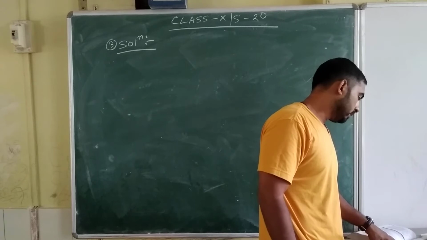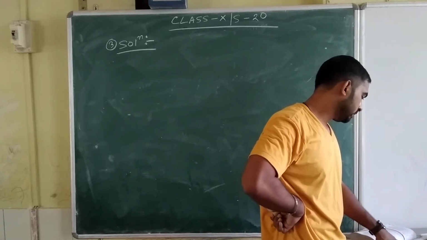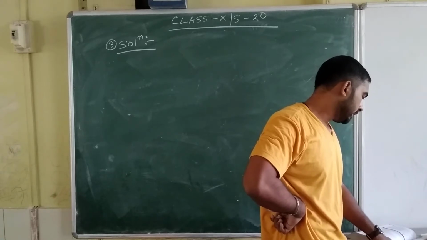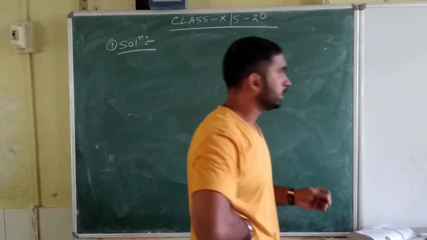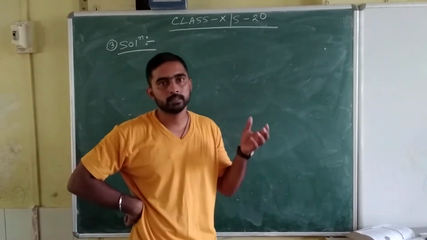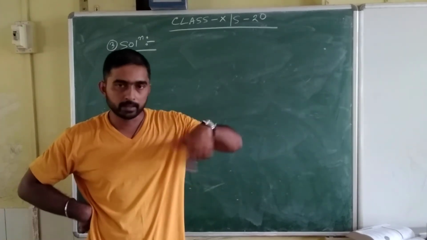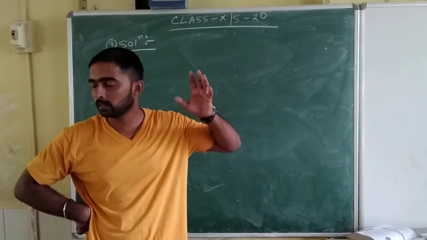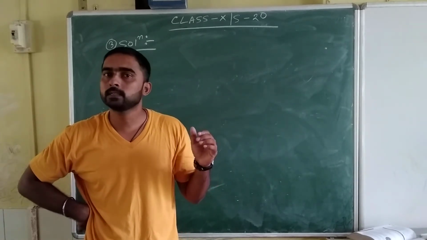Next question. The length of the minute hand of a clock is 14 centimeter. Find the area swept by the minute hand in 5 minutes. Now in a watch, circular shape, there are 60 minutes, and as the shape of the watch is circular, the total angle is 360.